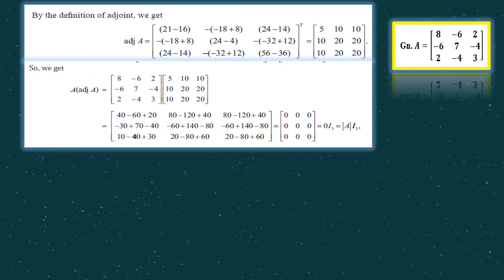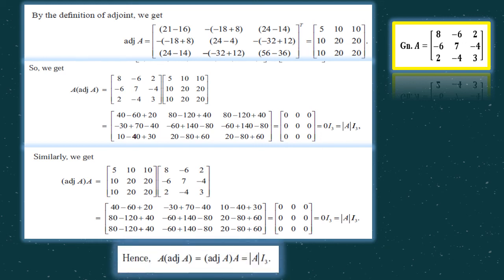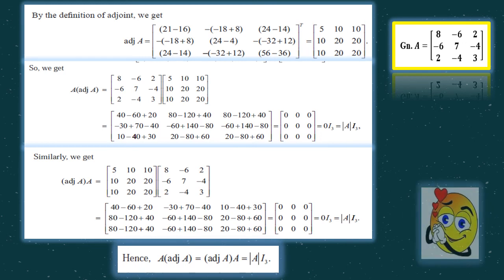So you get all the values. See, we are getting 0, 0, 0. Already we have got determinant A equal to 0. So we are proving that A into Adj A and Adj A into A equal 0. We get the null matrix of order 3. So the result is proved.